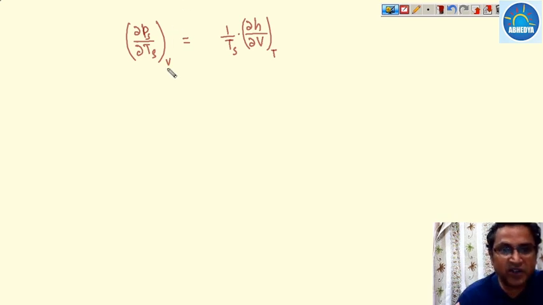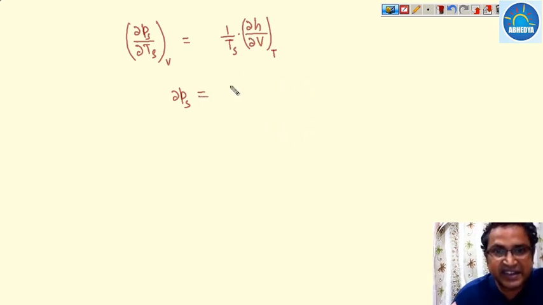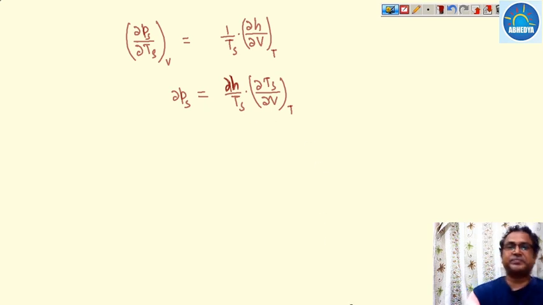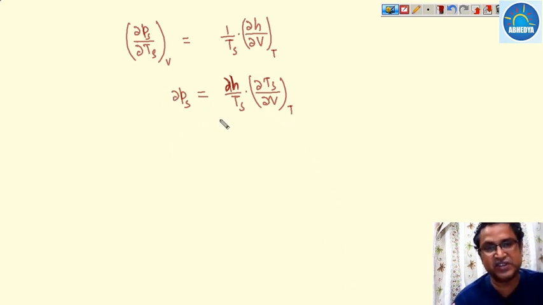Or we can write del Ps as 1 by Ts into del Ts over del V at constant temperature into del H. We can write this equation in this way also.